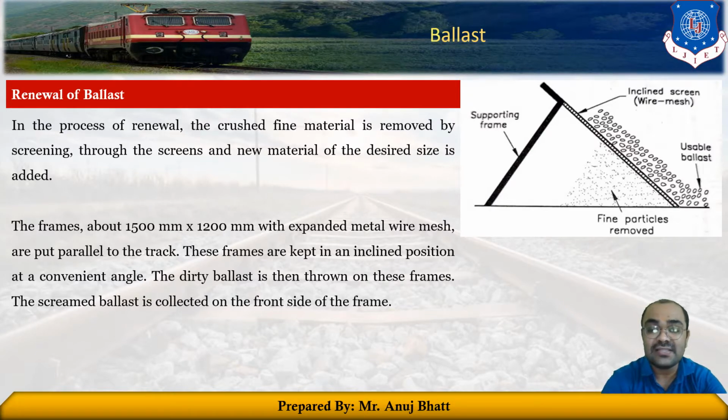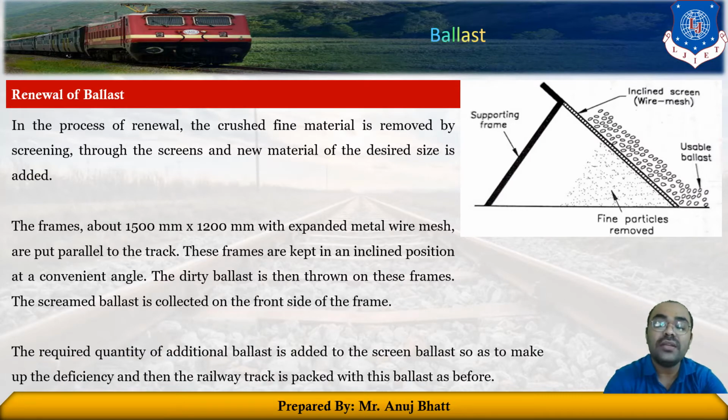The dirty ballast is then thrown on these frames, and the screened ballast is collected on the front side of the frame, while the required quantity of additional ballast is added to the screened ballast so as to make up the deficiency, and then the railway track is packed with this ballast as before. So this is the procedure for renewal of the ballast.